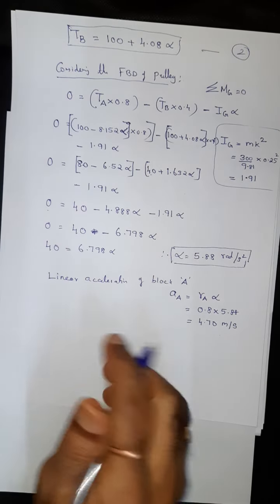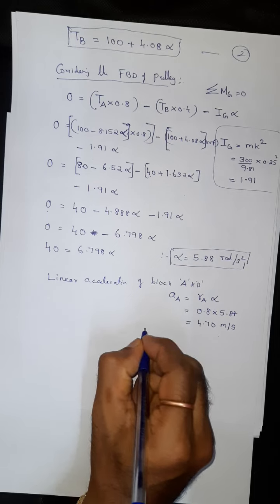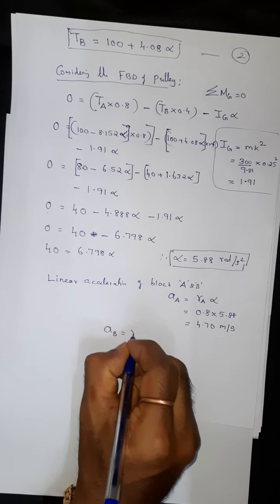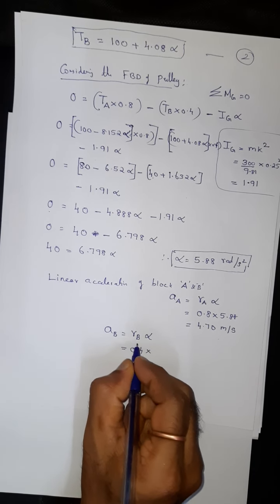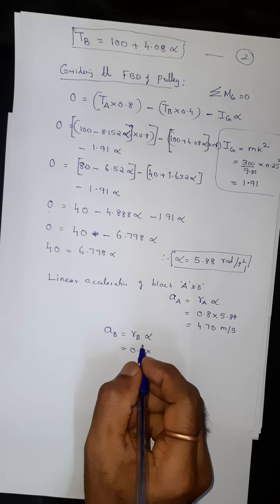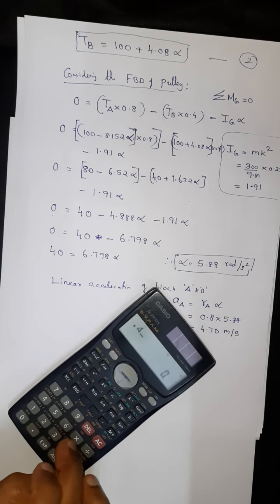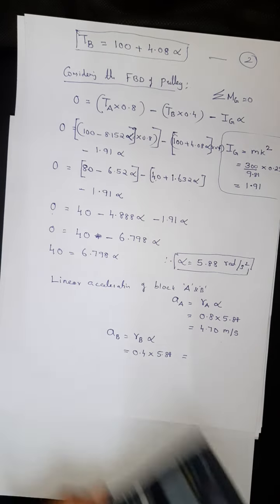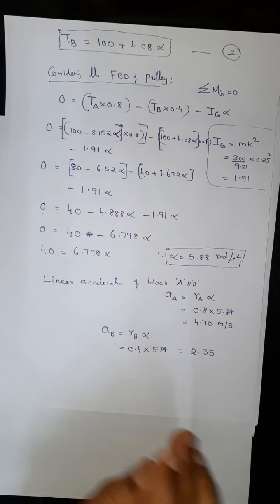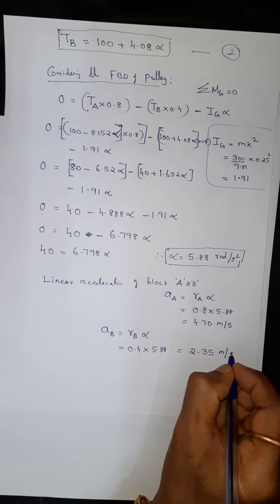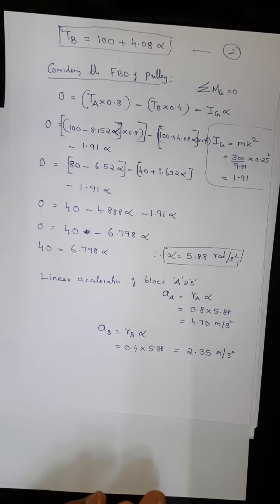Similarly, the linear acceleration of block B, AB equals RB into alpha, which is 0.4 into 5.88, that is 2.35 meters per second square.